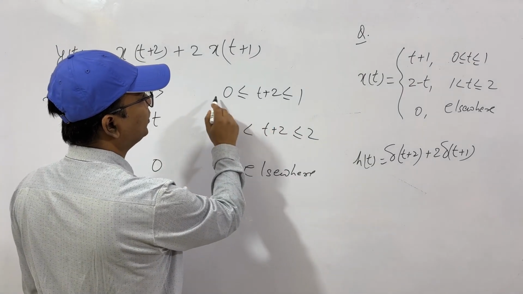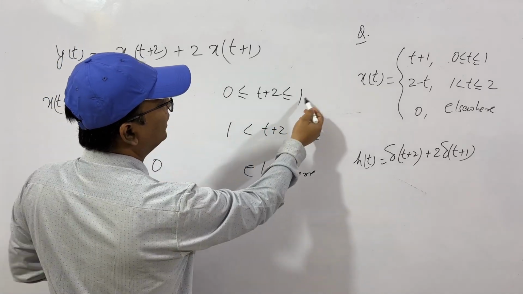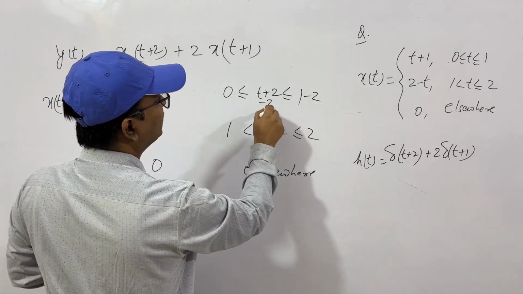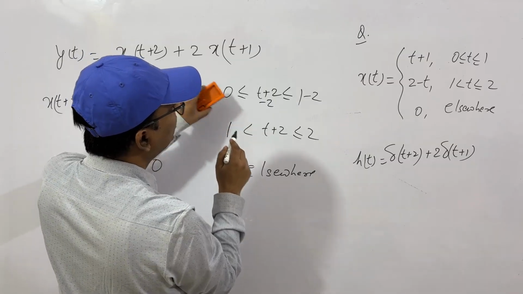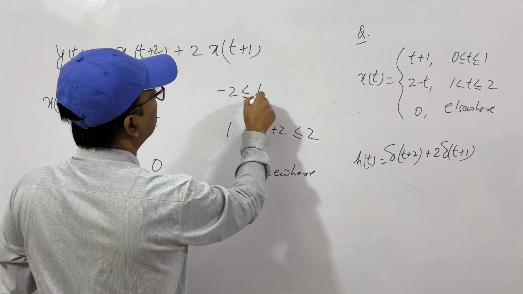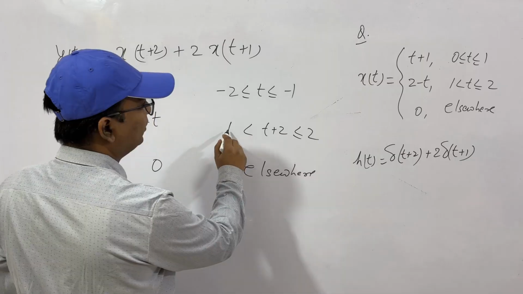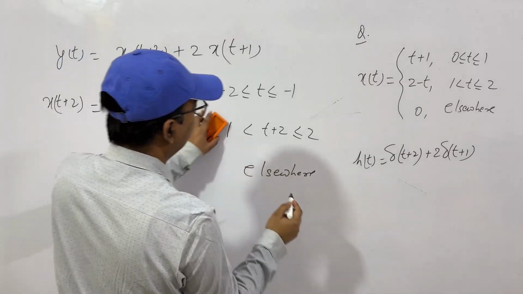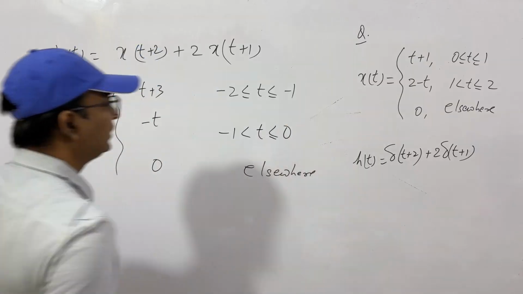This means if you put minus 2 in the limits, what does it become? 1 minus 2 will be minus 1, and minus 2, minus 2. So what you get is minus 2 to minus 1. This is the limit. Here 1 minus 2, so minus 1, and this is 0. So minus 1 to 0 and 0 elsewhere.